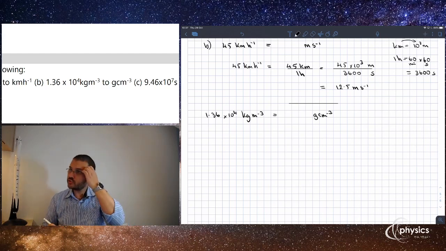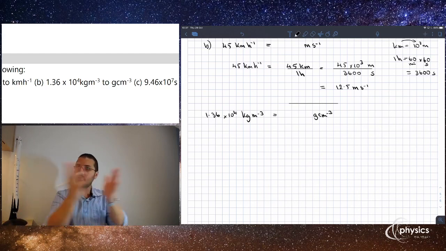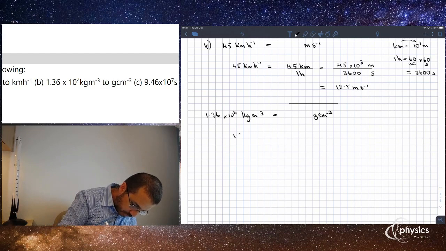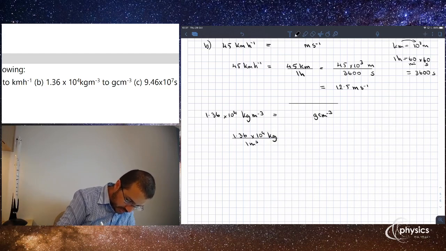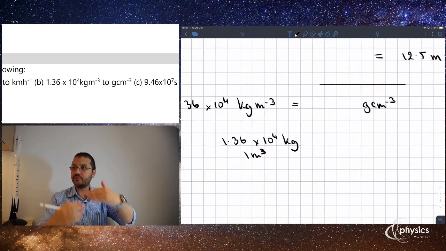The method is exactly the same as we did before, but instead of moving to the SI unit, we're moving from the SI unit to other units. So 1.36 times 10 to the 4 kilograms all over 1 meter cubed. That's the first thing. Write it in fraction form.